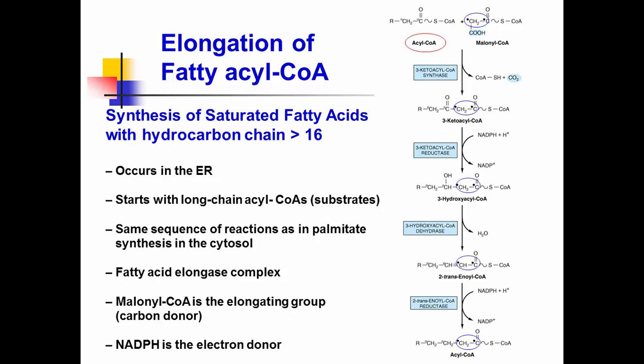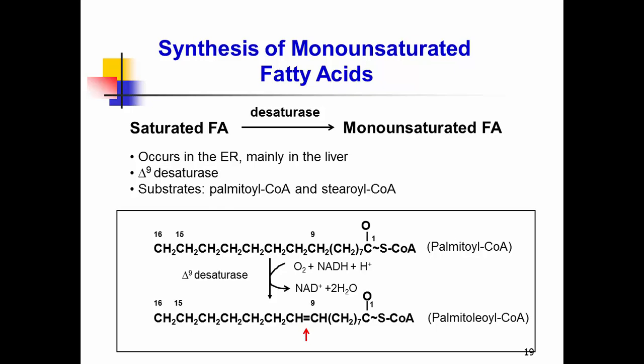Okay, so I'm not going to go into details. The synthesis of unsaturated fatty acids is just a simple reaction catalyzed by a desaturase. Desaturase is an enzyme that catalyzes the formation of a monounsaturated fatty acid.